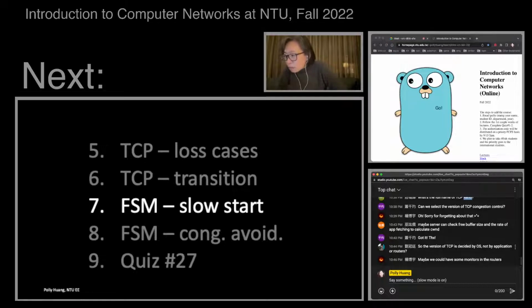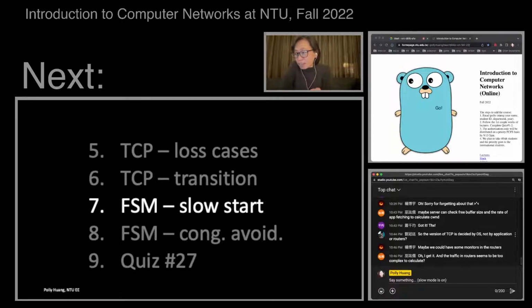Kevin, maybe we could have some monitors in the routers. Exactly. Kevin, that is what the network-assisted approach is trying to say. So in the network-assisted approach, we would then have these monitors tracking the remaining buffer size or the queue size. And given the remaining buffer size, and given how many flows there are passing this router, right?